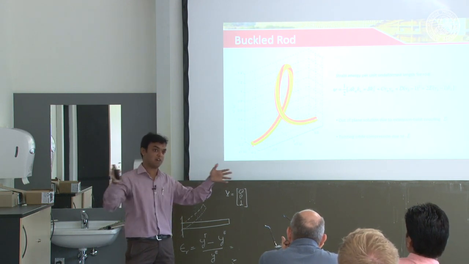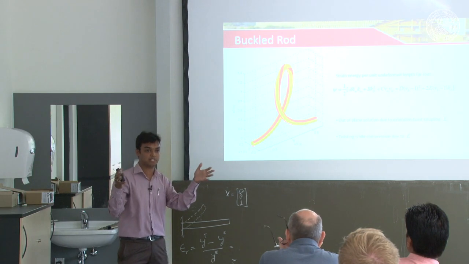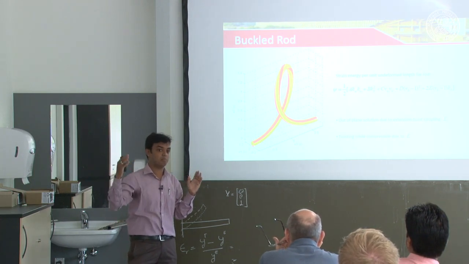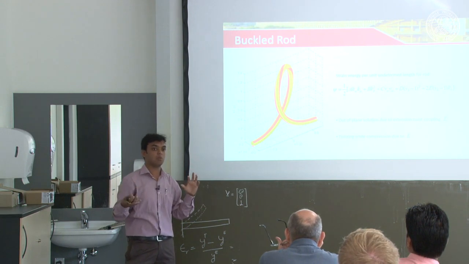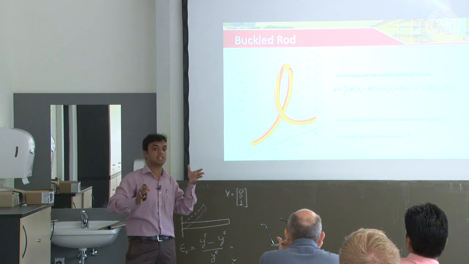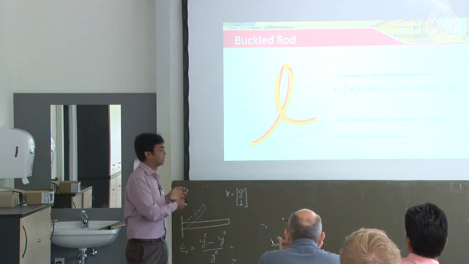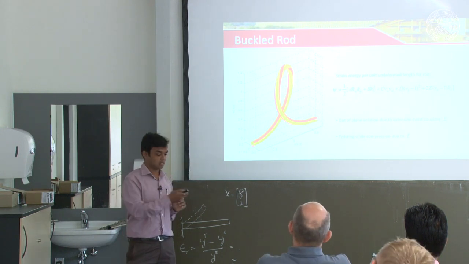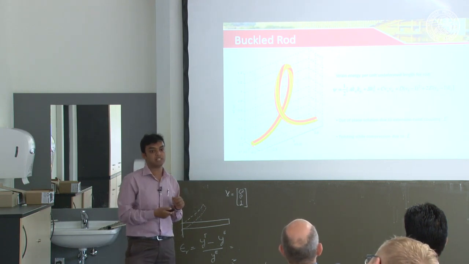If you stretch it, the fiber will stretch. If you compress it, it will compress. But if the fibers of the rod are in chiral form or the helix form, once I compress it, the fibers will start twisting as well, because in that chiral rod the extension and twist coupling is non-zero.